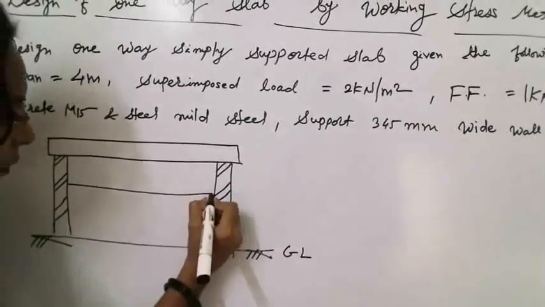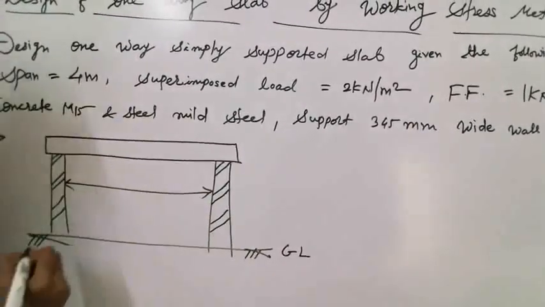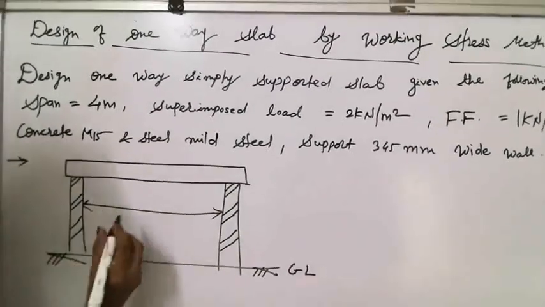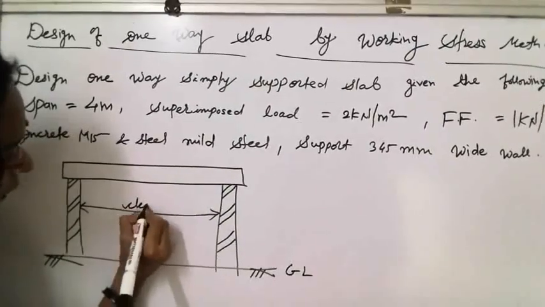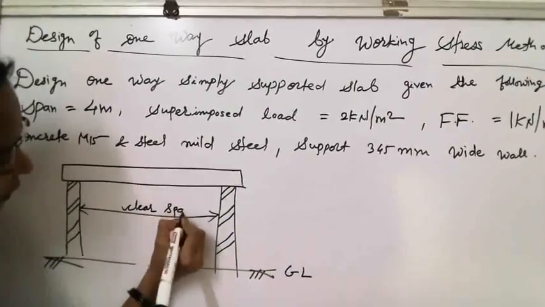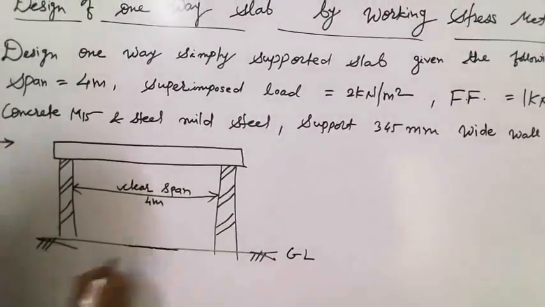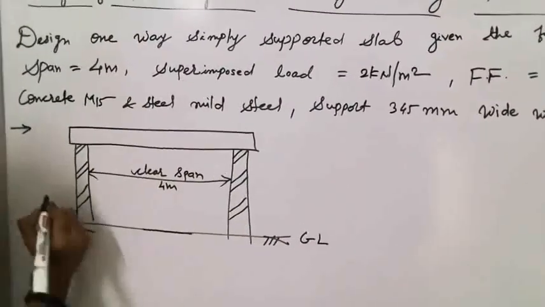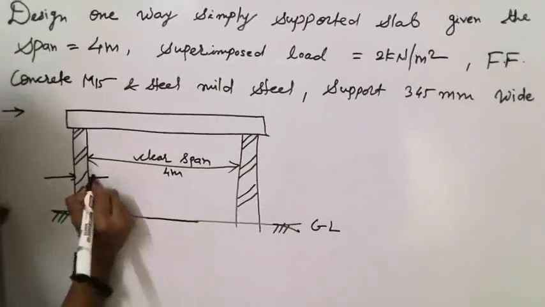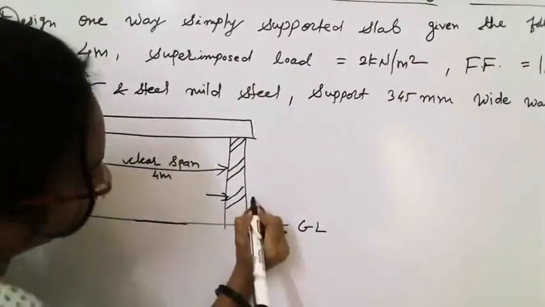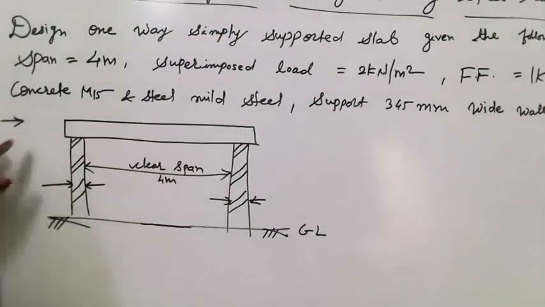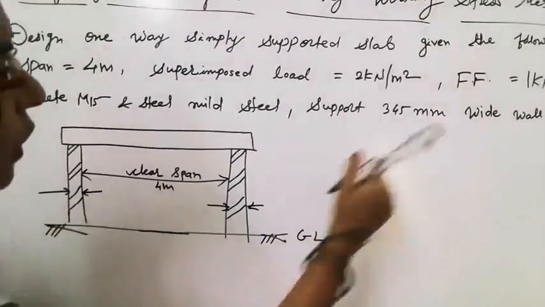And this one is the clear span. The clear span is given as 4 meter. You can write here, clear span is 4 meter. And the support width of the wall is 345 mm wide wall.